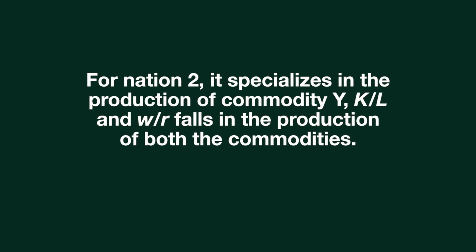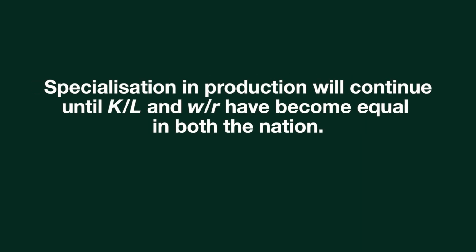Nation 2 specializes in the production of commodity Y. Capital labor ratio as well as wage rental ratio fall in production of both the commodities. The specialization of production continues till the capital labor ratio and wage rental ratio become equal for both the nations.